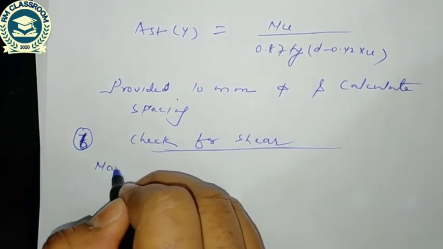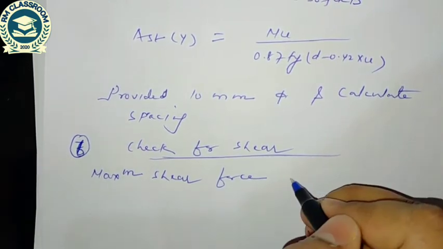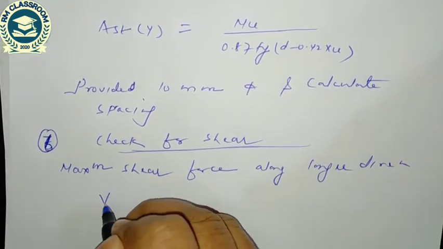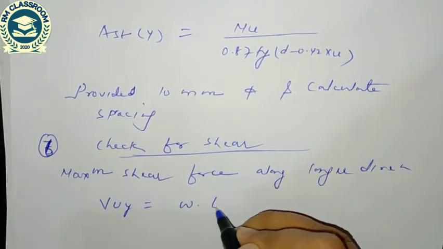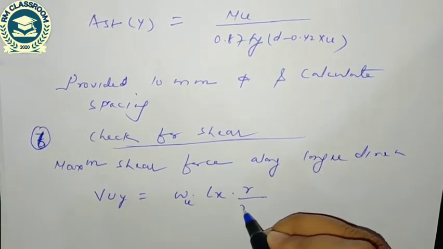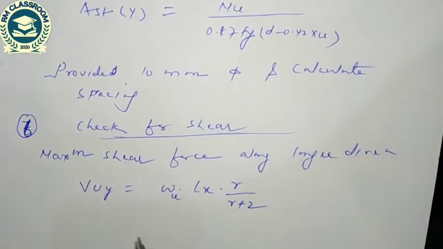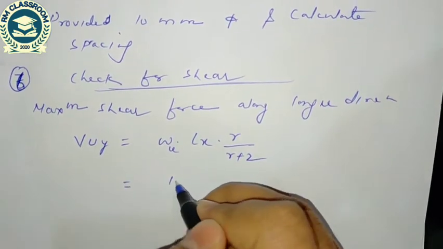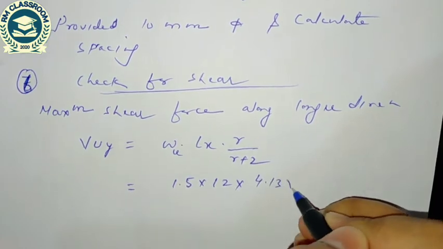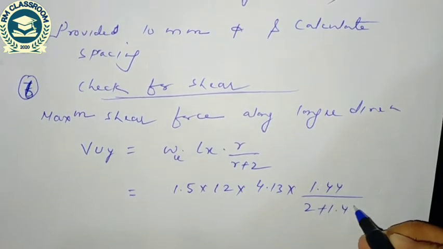So maximum shear force along longer direction. So VUY is equal to W into LX into R by R plus 2. So WU is 1.5 into total load, which is 12, into LX, which is 4.13, into R, which is 1.44 divided by 2 plus 1.44.